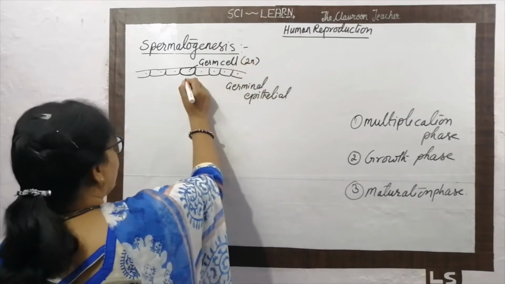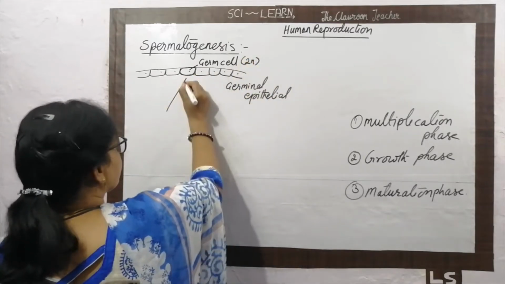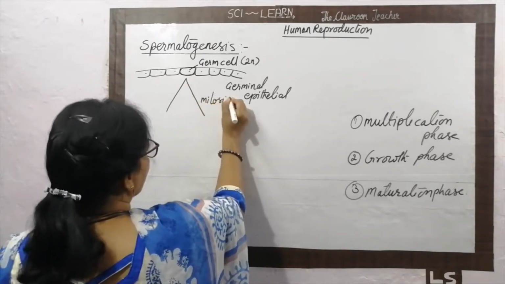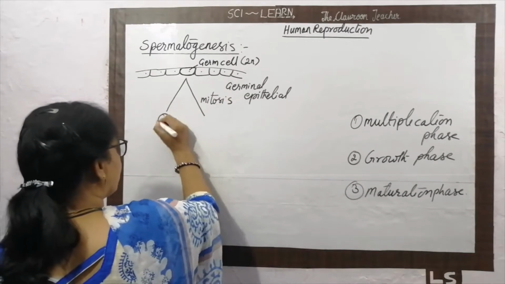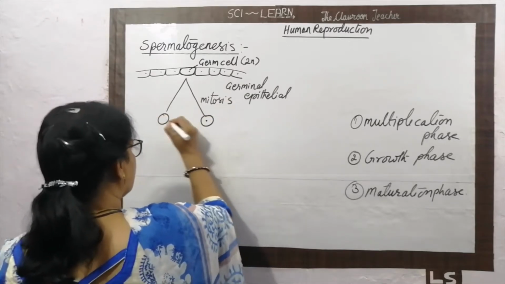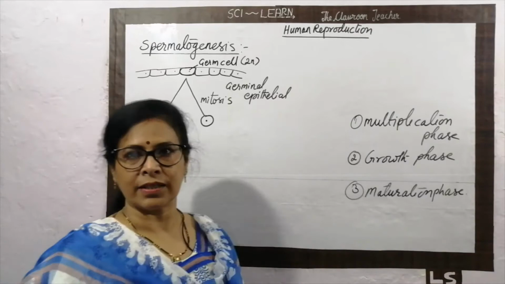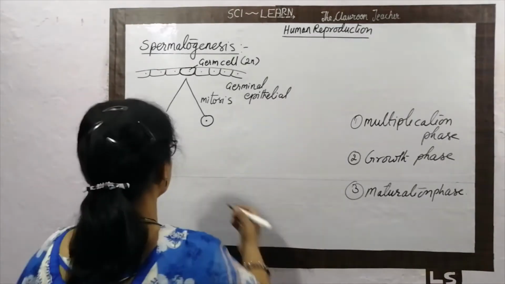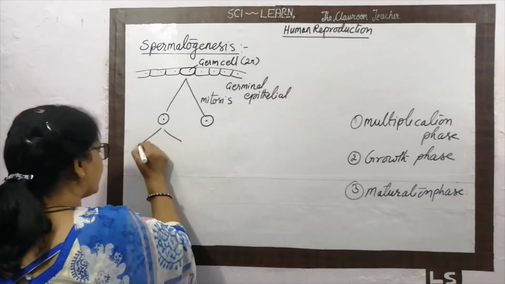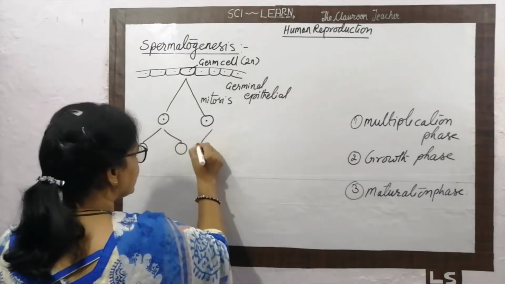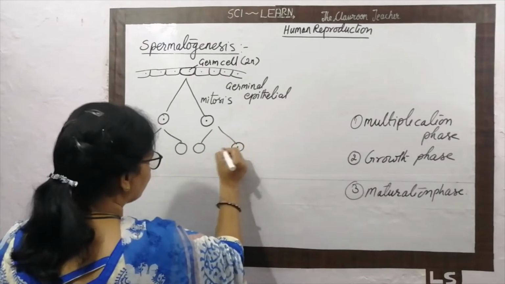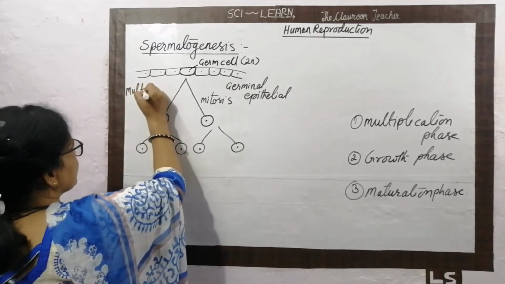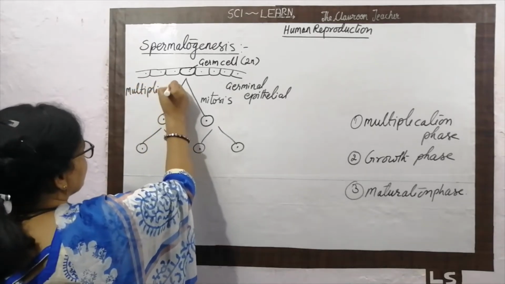Because of the mitosis, the multiplication of cells is going on, and the number of cells increases. From one cell, 2 cells are formed. From 2 cells, they divide further to form 4 cells. 1 to 2, 2 to 4. And this is called the multiplication phase.